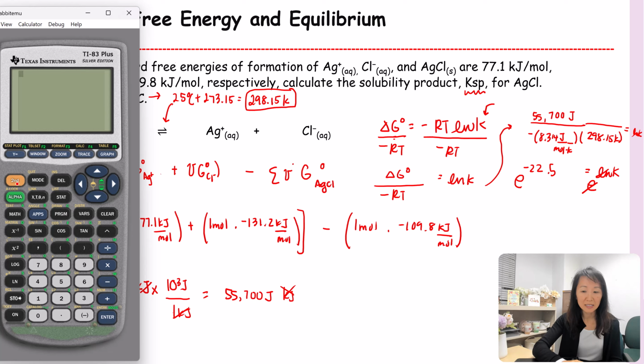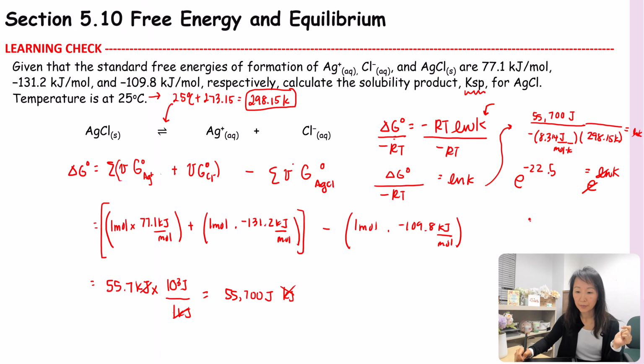So you need to press second ln, okay, then you get an e. Then you press negative 22.5, and that should give you the value, which is 1.69 times 10 to the negative 10, which is a really small equilibrium constant, 1.69. That would be my K value.